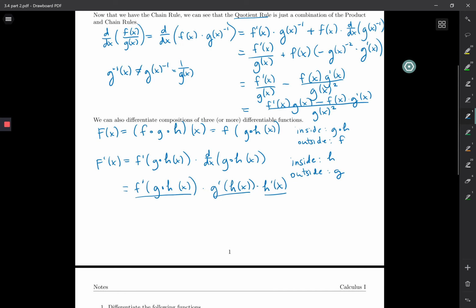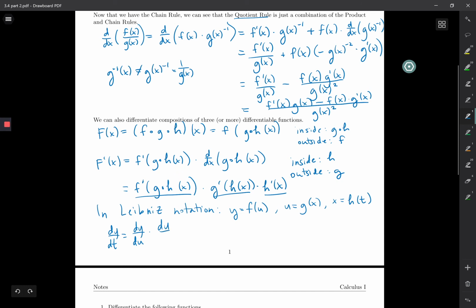It's actually nicer to see in Leibniz notation, then it's really clear. If I label my f as f of u, and u is g of x, and x is h of t, then the derivative of y with respect to t would be dy du times du dx times dx dt.